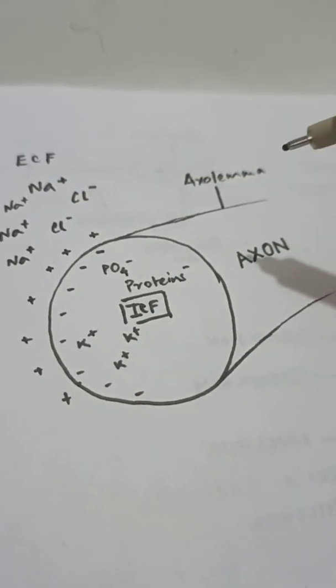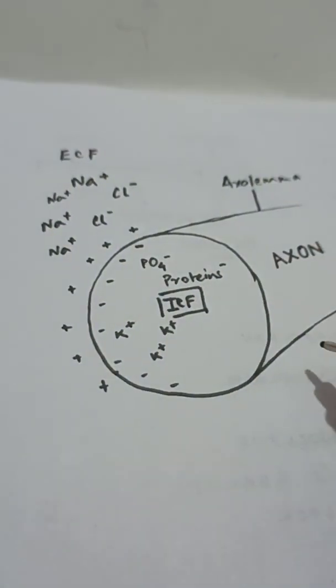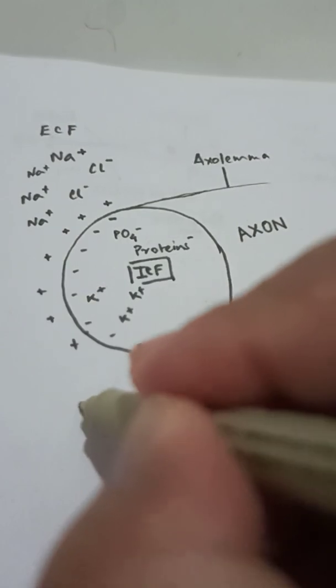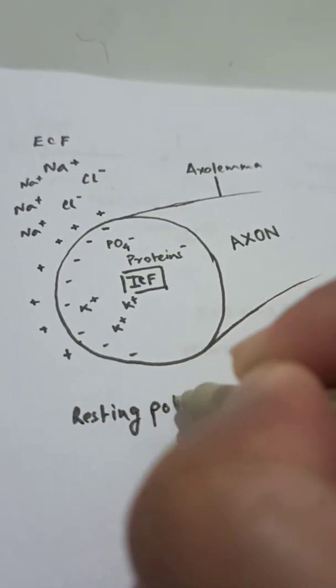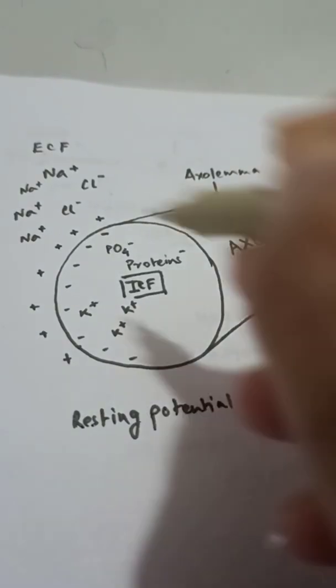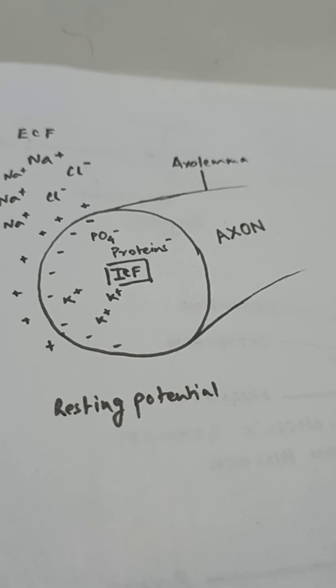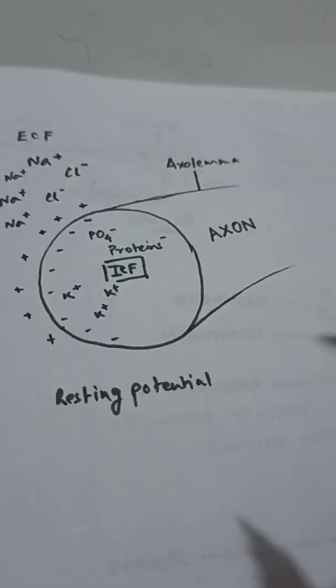This situation which can be found in the axon is known as the resting potential state of this axon.